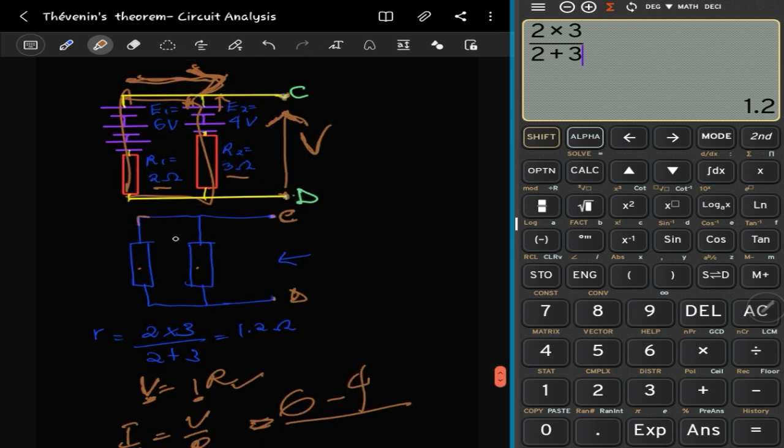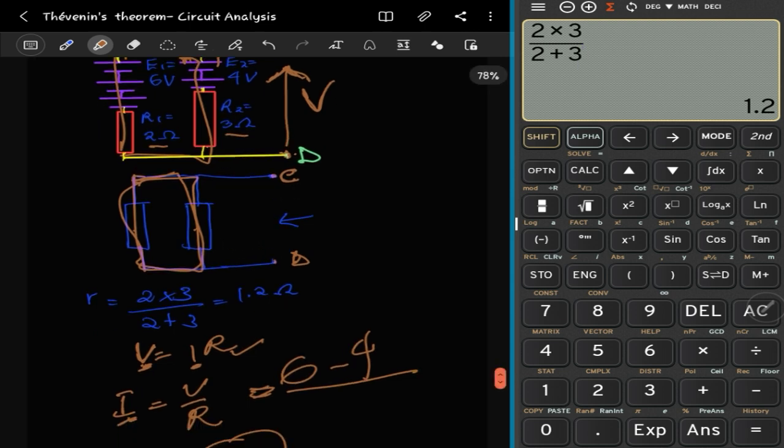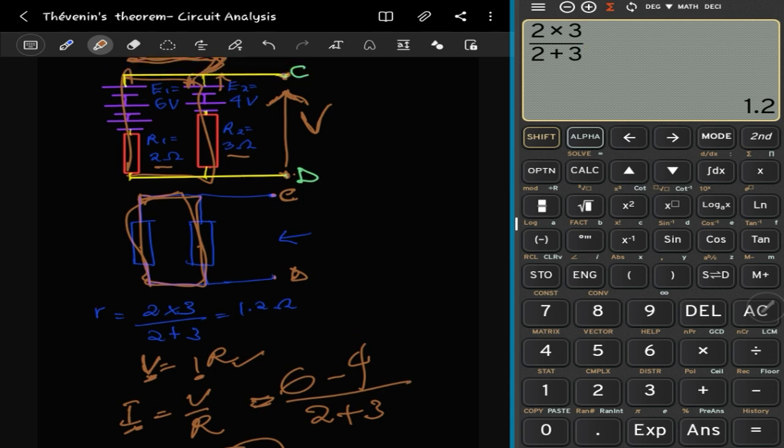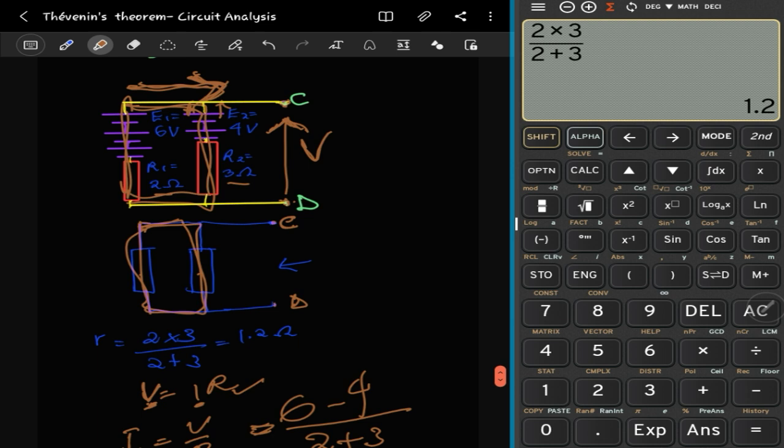Clearly we can see that if we are considering this loop, we are just seeing it as if nothing else is here, right? So what happens is that we see these ones to be in series. So that's what we do, just 2 plus 3, right? We are considering just this loop, but then these elements are here.